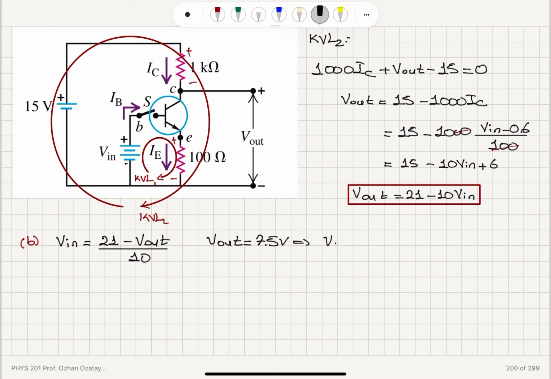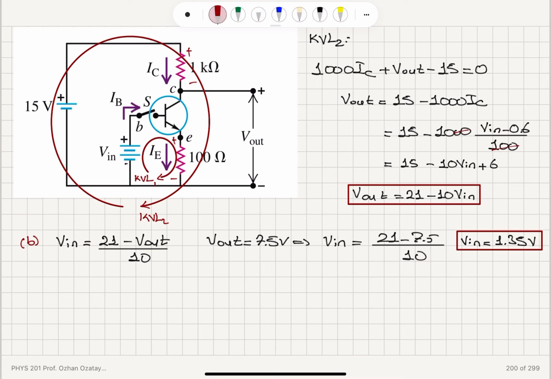In that case, V in will be 21 minus 7.5 divided by 10. So we find that V in should be 1.35 volts. For V out to be 7.5 volts, V in has to be 1.35 volts.